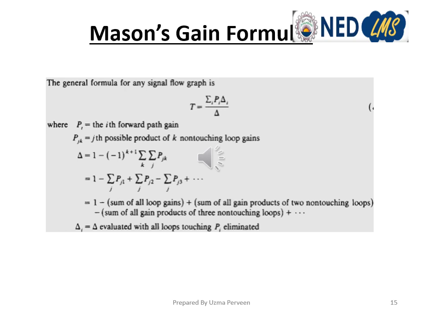Then we set our formula according to the number of forward paths, like for two forward paths we have P1 del 1 plus P2 del 2 upon del. Then we calculate all the del i's, for example del 1, del 2, and put them in the formula summation Pi del i upon del to find the final value of the transfer function.